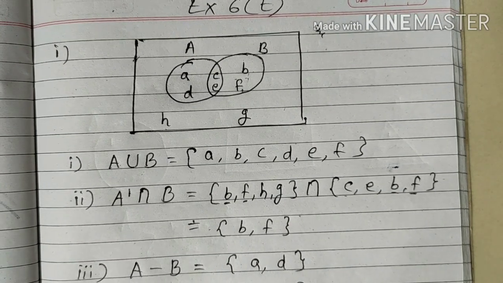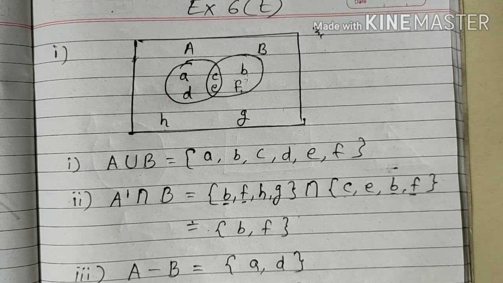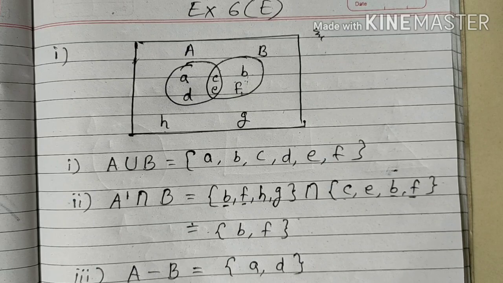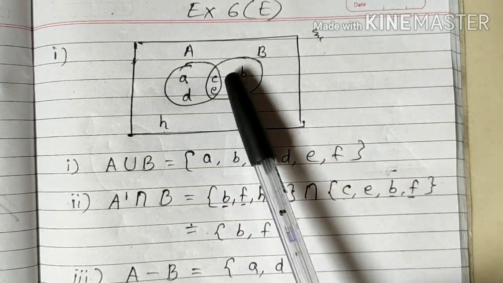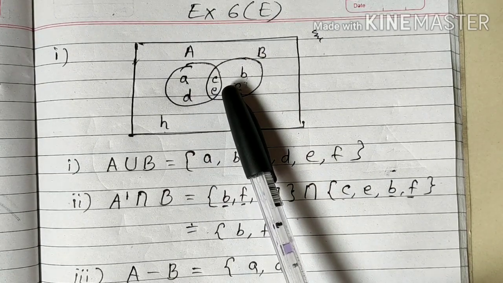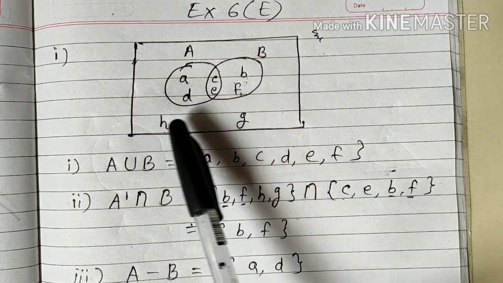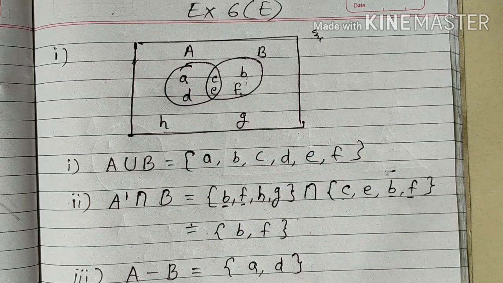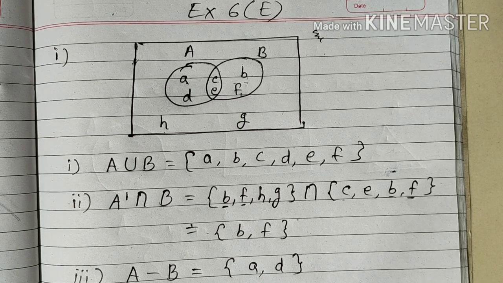And last one, we want to find out A union of B and its complement. Okay, A union of B means all this, and its complement. Complement means H and G. Got it?